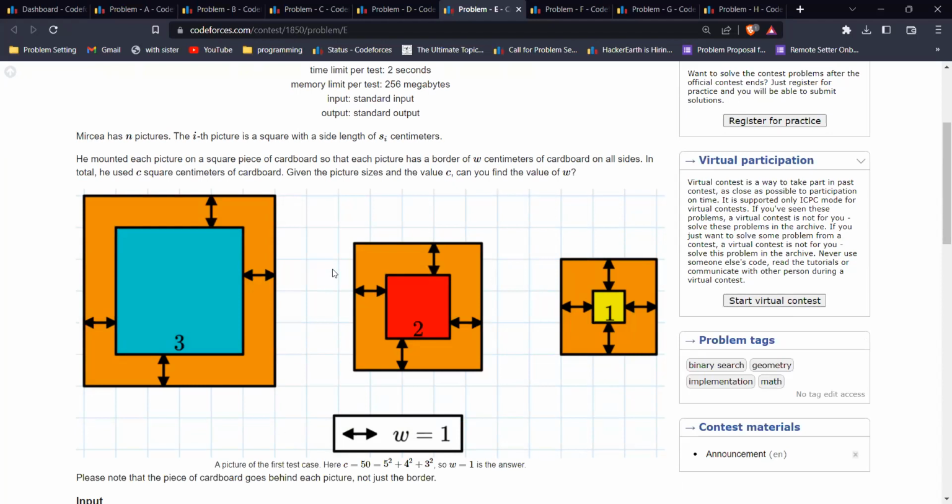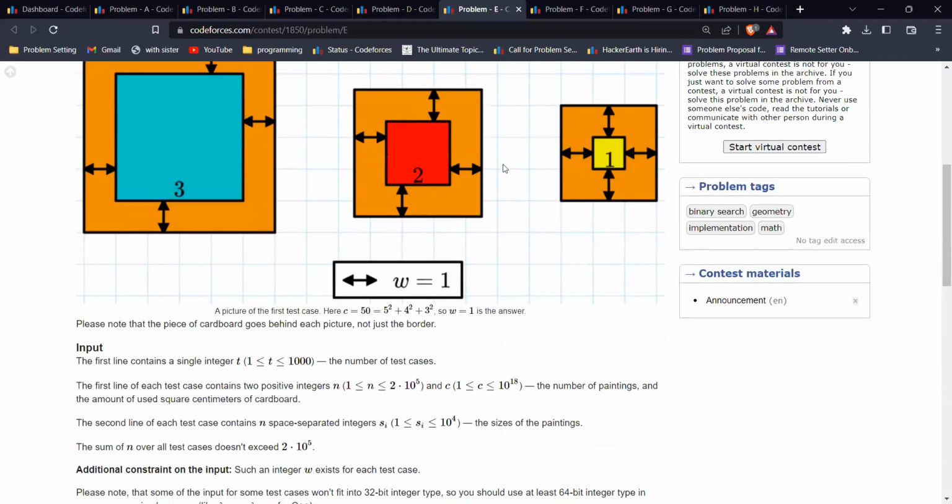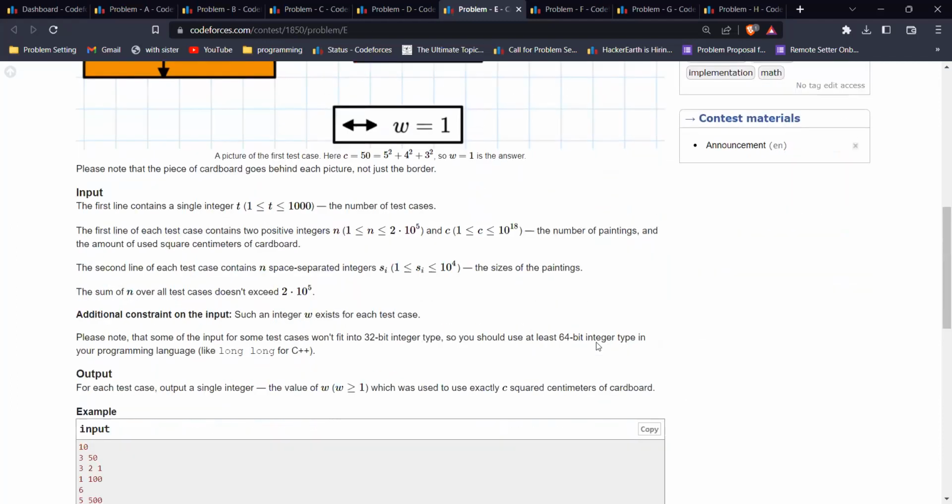So each square picture has a border of W centimeters of cardboard on all sides. In total, we used C square centimeters of cardboard. Then we are given the picture sizes and the value of C, and we have to find the value of W.